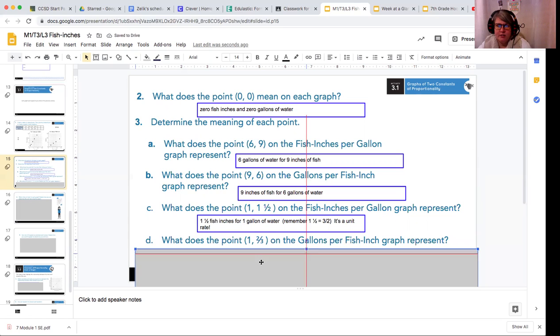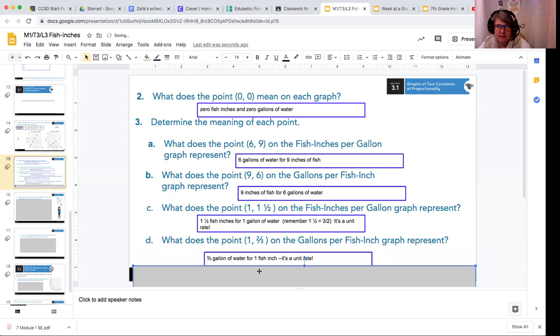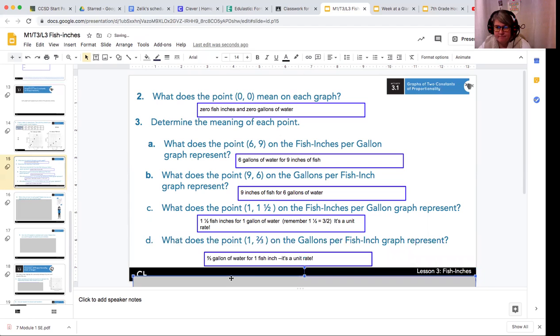And the (1, 2/3) on the gallons per fish inch graph means that it's 2/3 gallons of water for 1 fish inch. That is also a unit rate. And notice, instead of it being 3/2, it's 2/3. See, it's math magic.